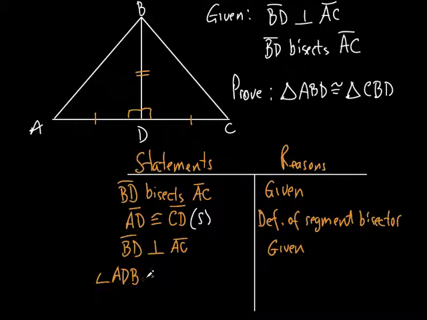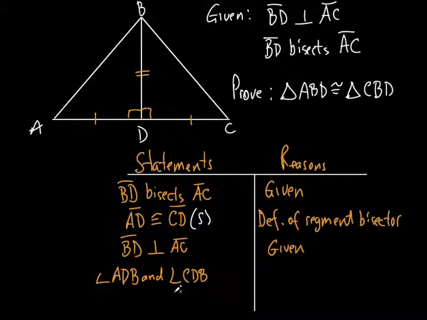ABD and what else? If I go ADB, what would I do for this one? CDB. All right, go in the right order, okay? So A and C match up, right? So let's make sure everything matches up. If I call this ADB, I'm going to call this angle right here CDB.